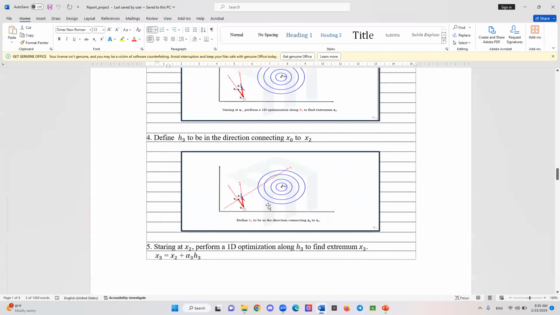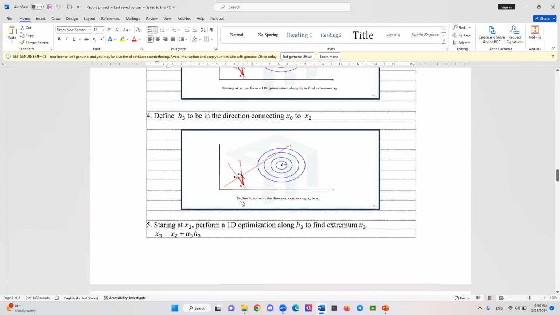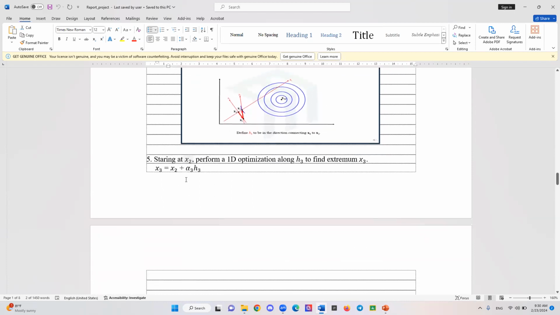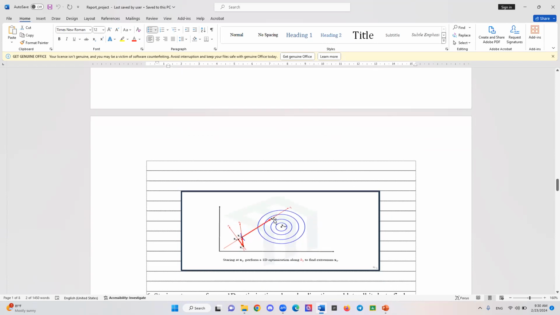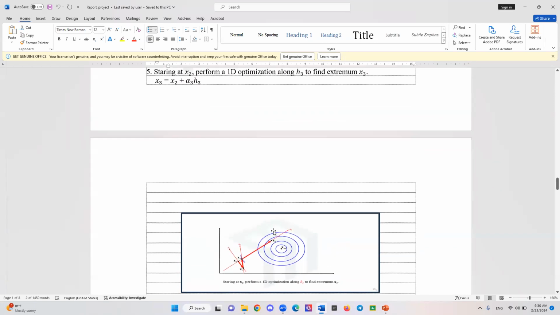Then define h3 to be the direction connecting x0 and x2. Starting from x2, perform a 1D optimization along h3 to find the extremum x3, where x3 is equal to x2 plus alpha 3 h3.